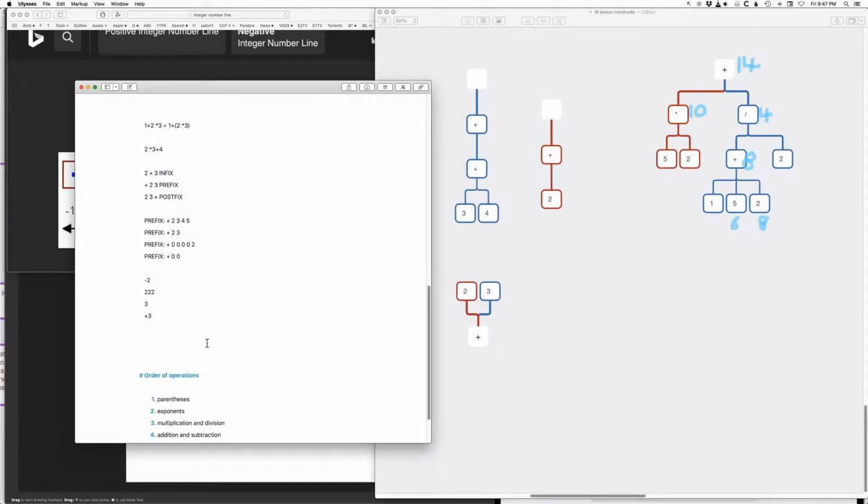So I will now write this out in regular infix notation with parentheses. We're doing plus, and then on the left we have 5 times 2. We have plus.